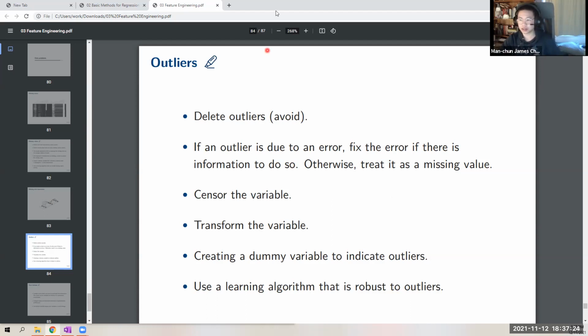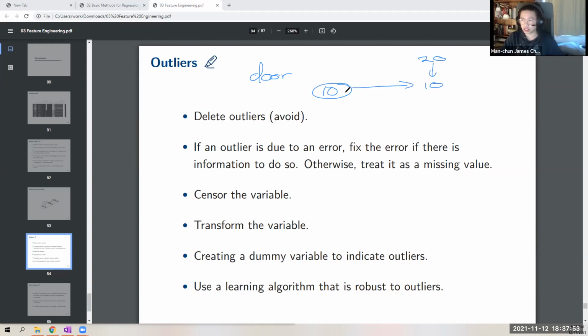Let's say we have the doors variable. We say that any house that has more than 10 doors, so let's say a house has 20 doors, we then set it to be 10.